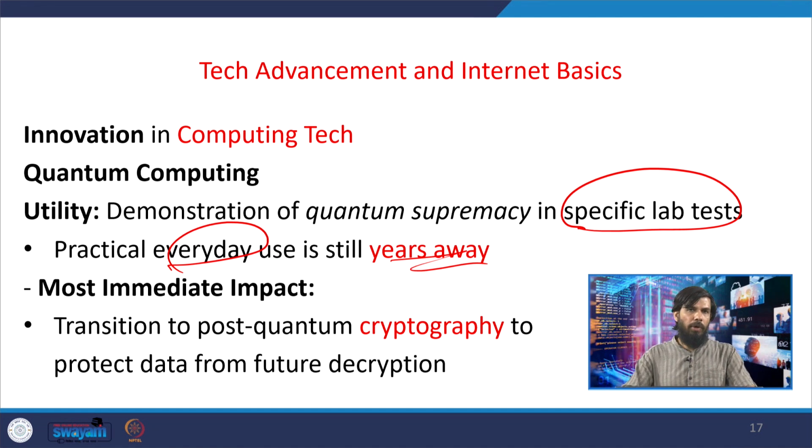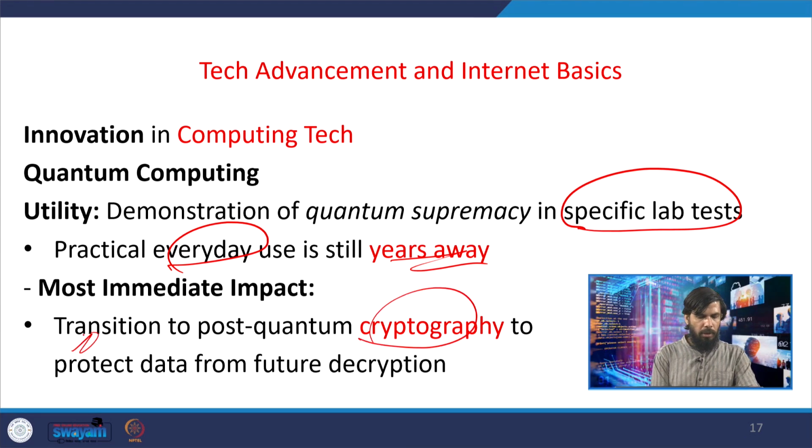Now, let us look at the immediate impact, which kind of application quantum computing can be used for right now. The most immediate impact is considered to be on cryptography.